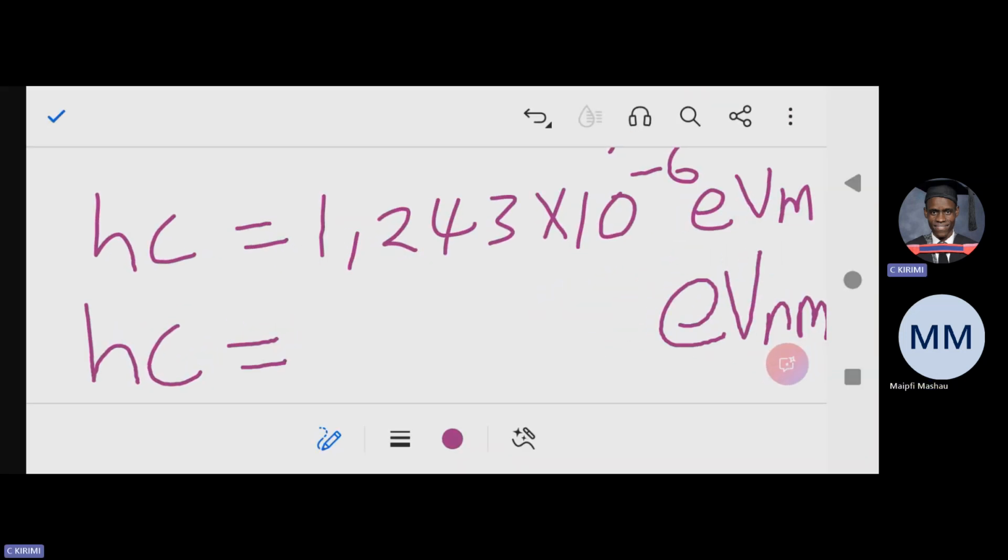Then in electron volt, how do you convert these to electron volt? Do you multiply by 10 to the power negative 9? I'm not sure.